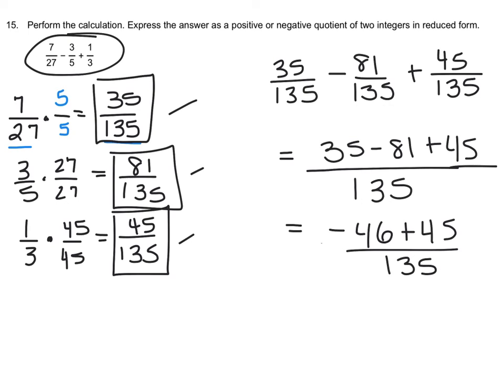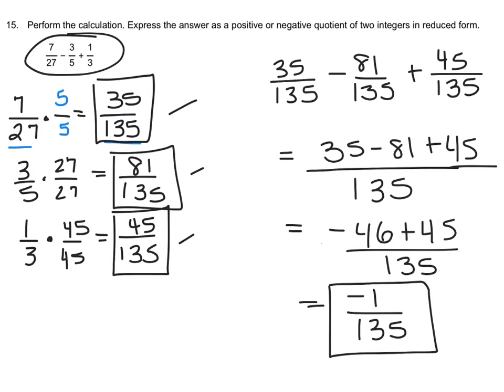And negative 46 plus 45 is negative 1. So my final answer is negative 1 over 135.